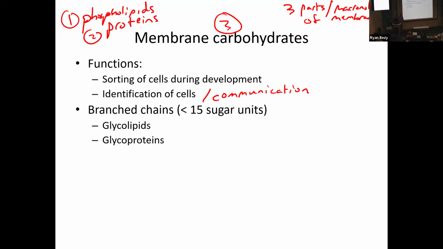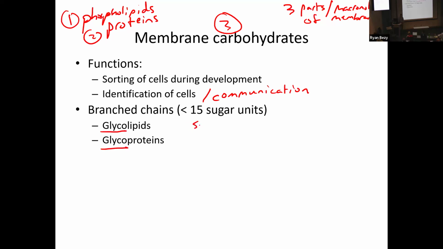Membrane carbohydrates are often branched sugar chains. They're usually about 15 sugar units or 15 monosaccharides long. Also, typically carbohydrates in the membrane come in the form of either what are called glycolipids or glycoproteins. Glyco just means sugar.